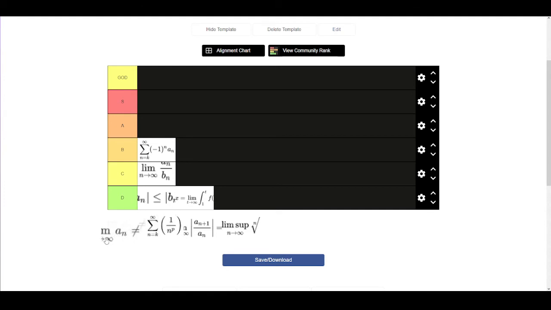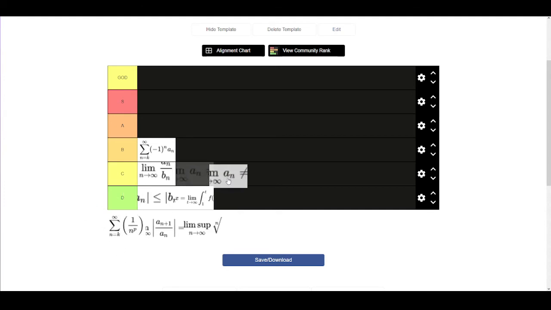Next, I have the nth term test. I'm pretty sure this one also got cut off. This one is going to be C tier. This one is the first one you always apply. It's pretty cool. You just apply it, and then if the limit is not 0, then it diverges. Now the issue is that it doesn't tell you if it converges. And also, every single problem you'll have, this will apply.